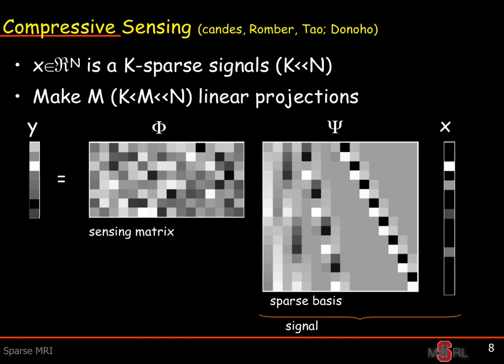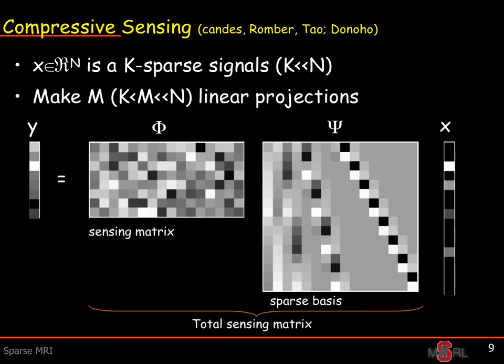Now we're going to manipulate the math a little bit. Here's our image domain signal representation, but we can similarly absorb the sparse basis matrix into the sensing matrix to get the total sensing matrix. Again, x is in a transform domain, not the image domain, such as the wavelet transform domain.